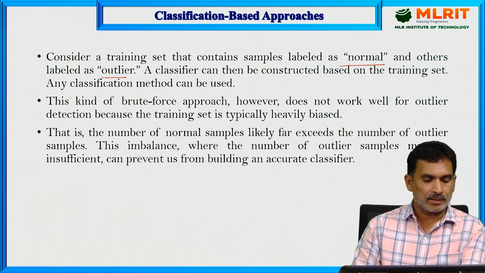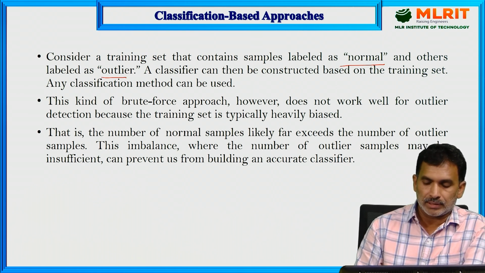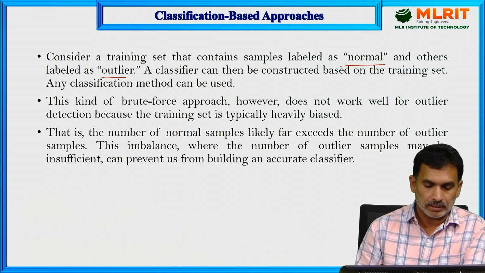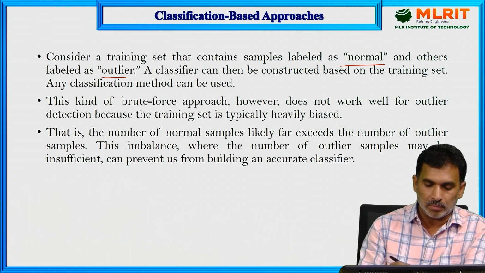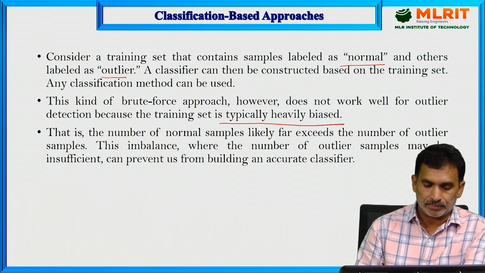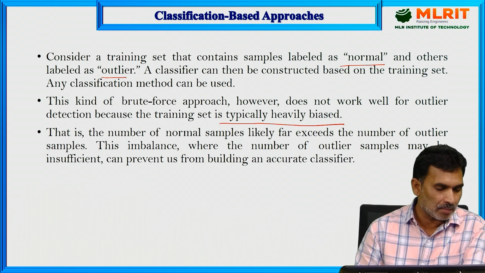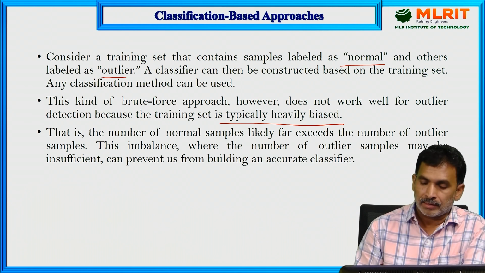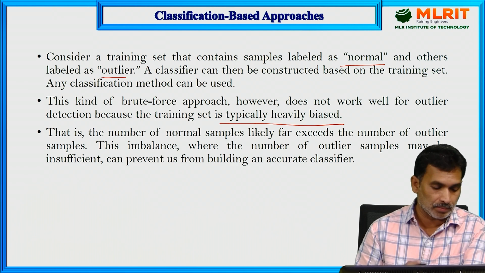This kind of brute force approach, however, does not work well for outlier detection because the training set is typically heavily biased. As I said, the number of samples labeled as outliers would be very small compared to the number of samples labeled as normal.